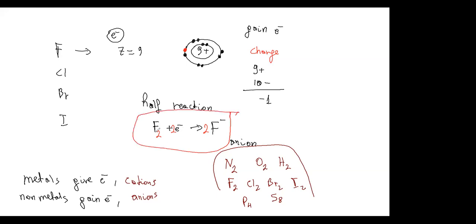What does it mean, like 1 molecule forms 2 anions? For the activity of the 7th group here, if it increases from up to the bottom, I would need an information from you. What do you think? How does the reactivity of this group increase?